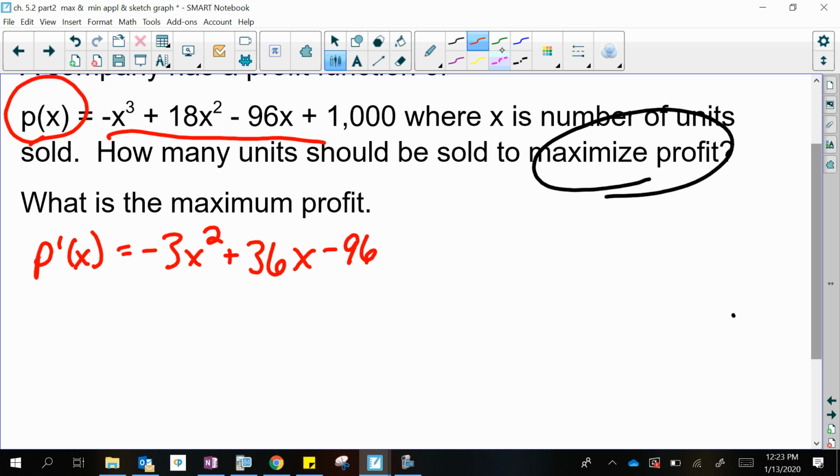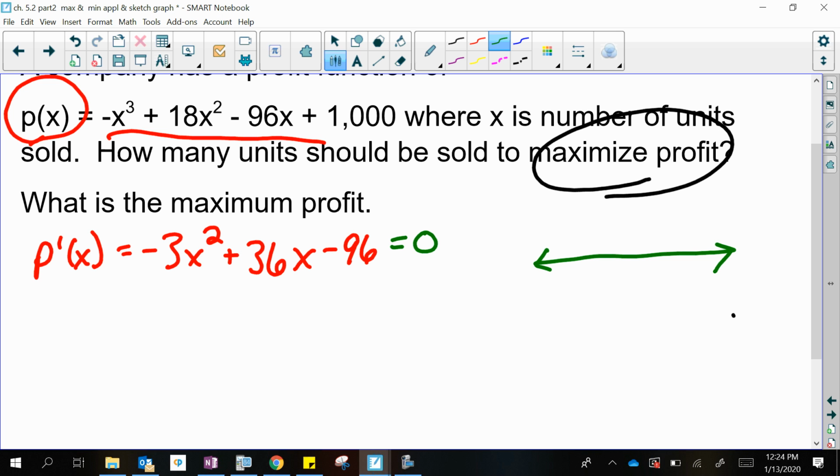Now I can't exclude any numbers from the domain, right? So I need some critical numbers. My critical numbers are going to be possible answers to the question, because if I find a unit that makes a relative max, that's going to be my max profit. So how can I factor that?